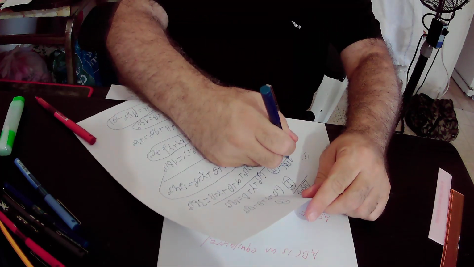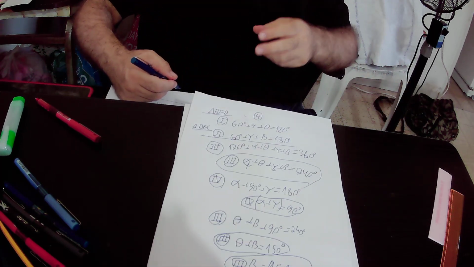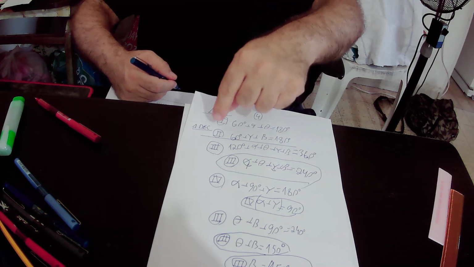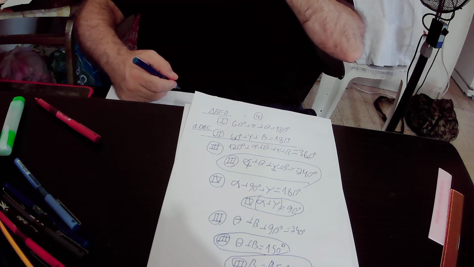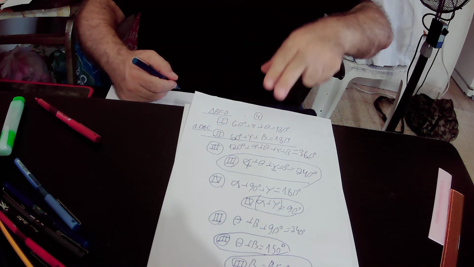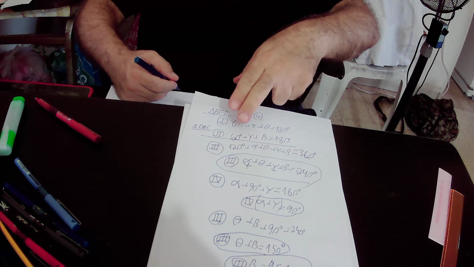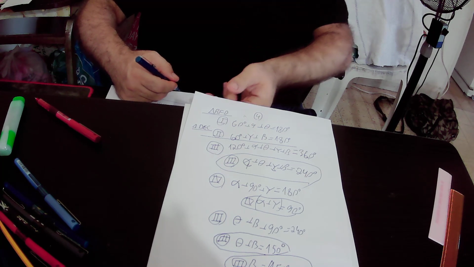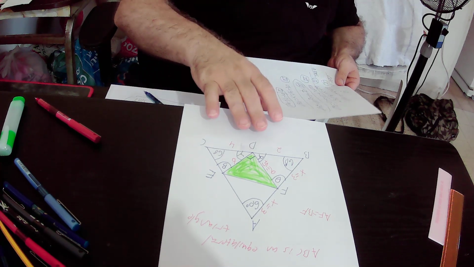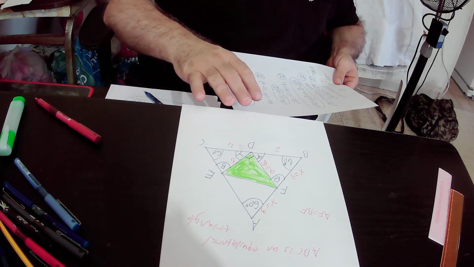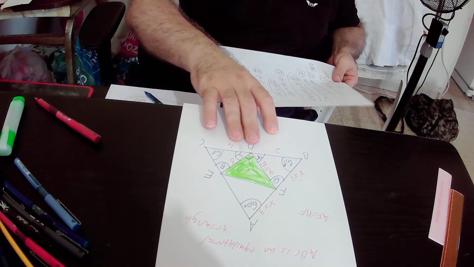Okay, so we have created 2 equations. Then we added equation number 1 to equation number 2, and we got this expression. So this is the third equation. We created the fourth equation that states that the sum of the angles on the upper side of any straight line equals 180 degrees.